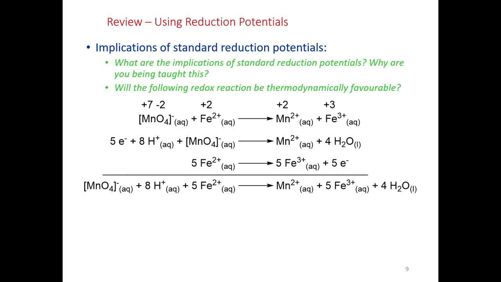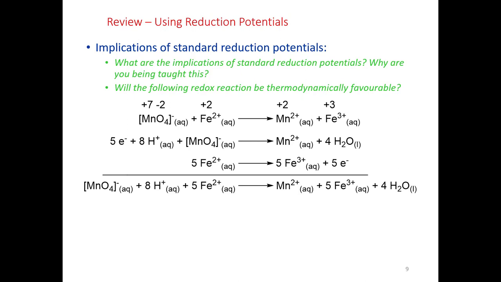Most questions that I will ask will involve both balancing a redox reaction and either determining if it is thermodynamically favorable, which means you just need to find out if the cell potential is positive or negative, and then indicate how that would influence the Gibbs free energy using the equation from before. For example, if the cell potential is positive, then according to that equation, the free energy will be negative and the reaction will be spontaneous.